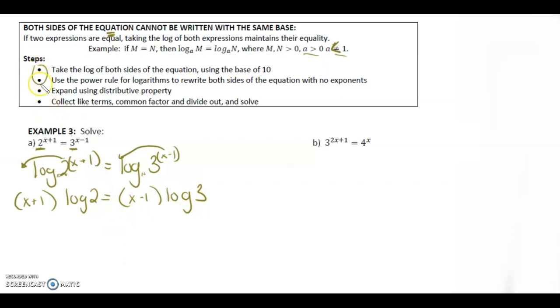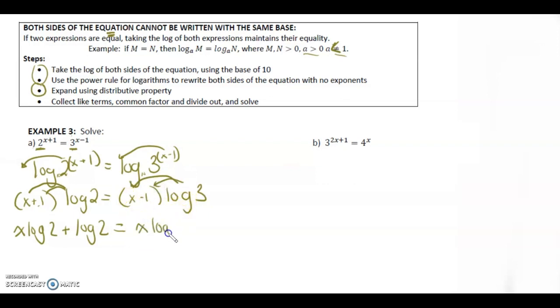Okay, now the next step is expand using the distributive property. Let's go ahead and apply this log 2 onto the x. We're going to get x log 2 plus log 2 times 1, which is just log 2. Okay, expand the right-hand side. We're going to expand this log 3 onto the x.